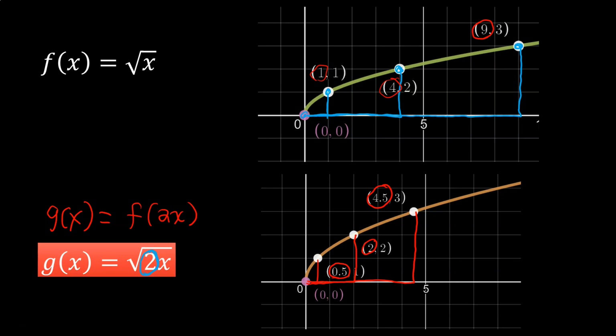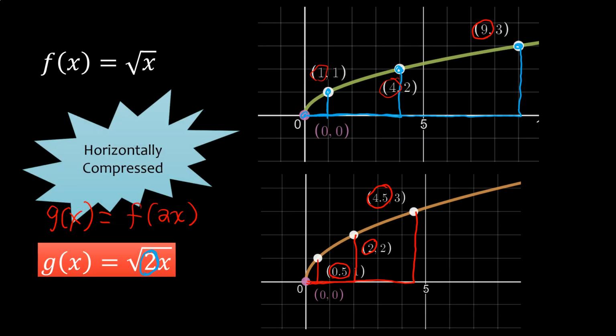So what is the opposite of multiplying by 2? Dividing by 2, or we say multiplying by 1/2. So here we have a horizontally compressed graph because the x value is only half as much as what it was originally.